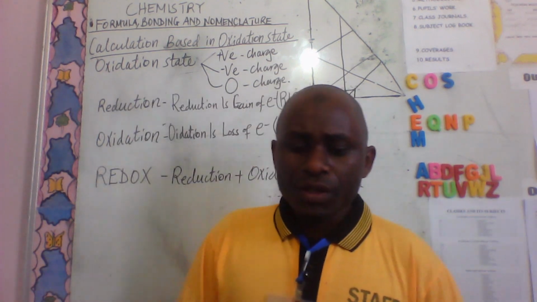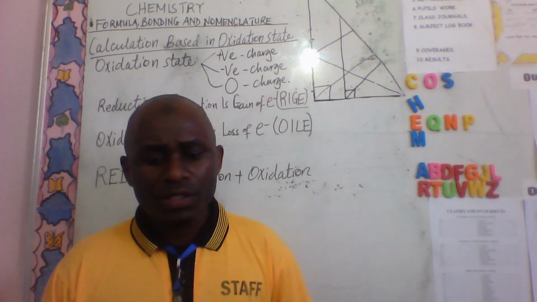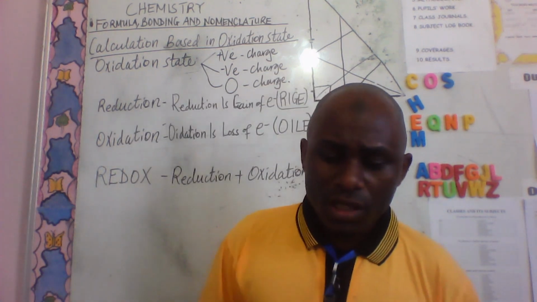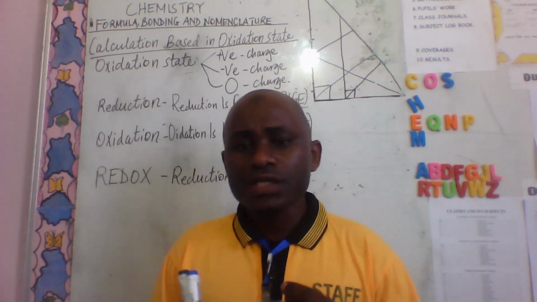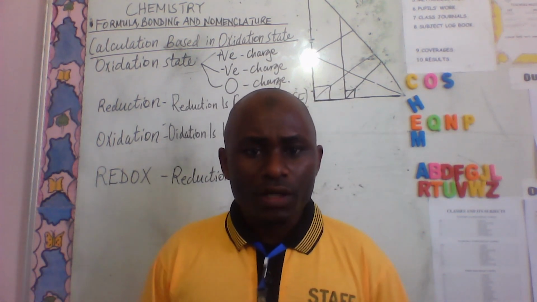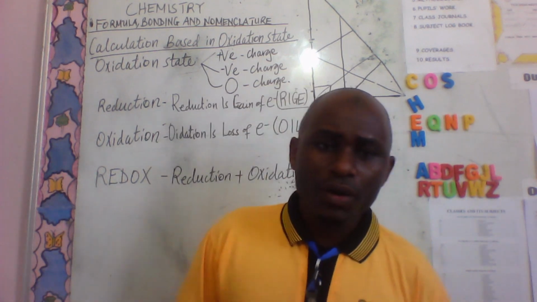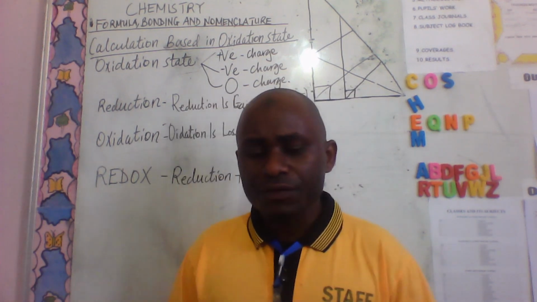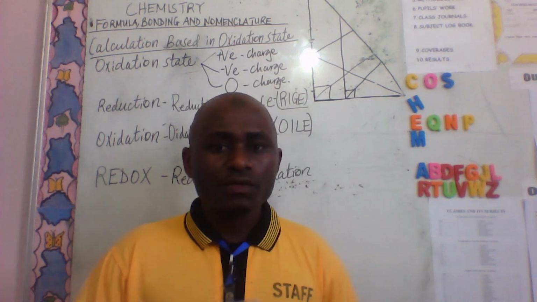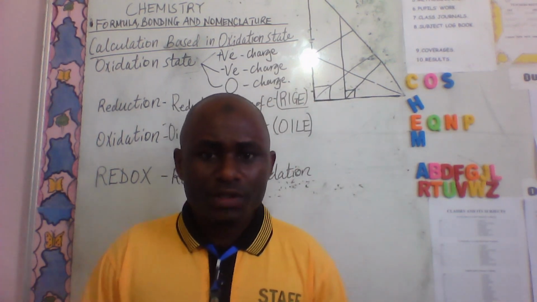So here let us see how oxidation state can be negative or positive, as well as how it becomes zero. Oxidation state becomes zero when the compound or element itself has attained the stable state configuration. But a compound or element can be positively or negatively charged if it needs either to gain electrons or to lose electrons in order to attain the stable state configuration.